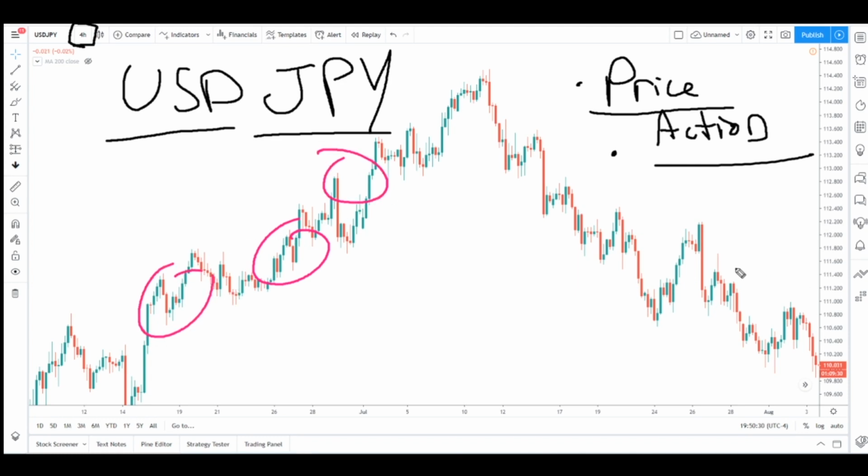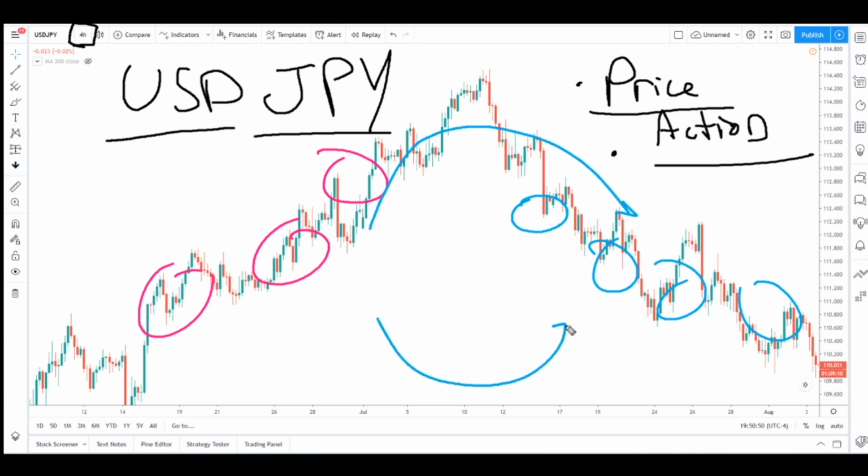And we're not going to be just buying just because the market is going down. What we're going to be doing with this concept is looking for signs of a potential reversal and trading based off of those signs to give ourselves a higher probability of catching the reversal of a market, whether it is long or short.